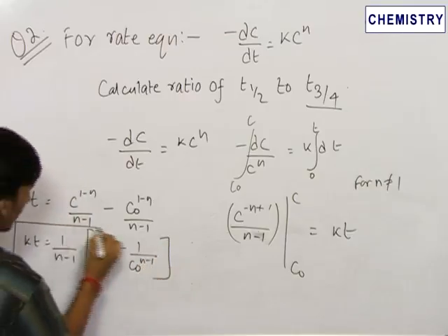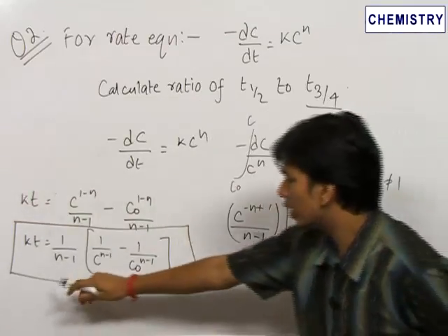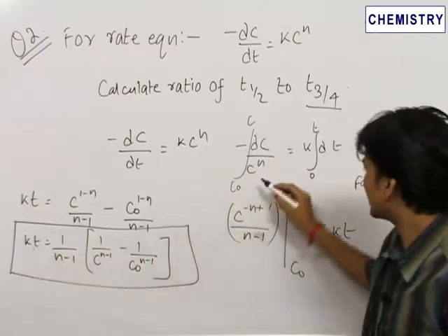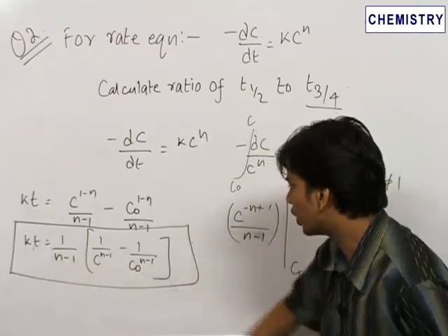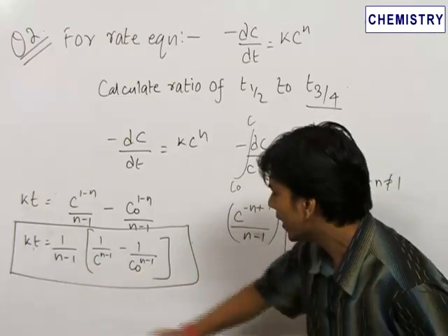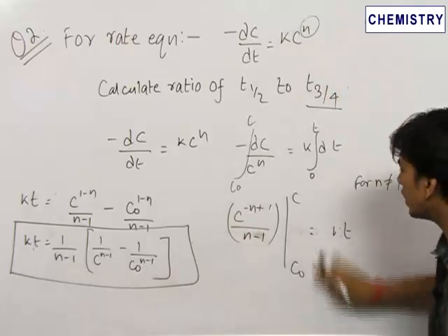This is a very important formula which you should remember to solve questions fast. Here t is the time interval in which the concentration reduces from C0 to C. C is the final concentration, C0 is the initial concentration, and n is the order of the reaction.